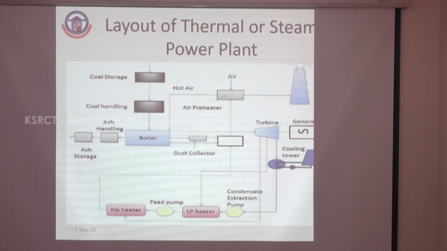So the high temperature air sent into the furnace means the coal is burnt easily and quickly. So the combustion process is improved and the combustion efficiency is also improved. Finally, the thermal efficiency of the boiler is improved. So this is the purpose the air preheater is installed in this area.